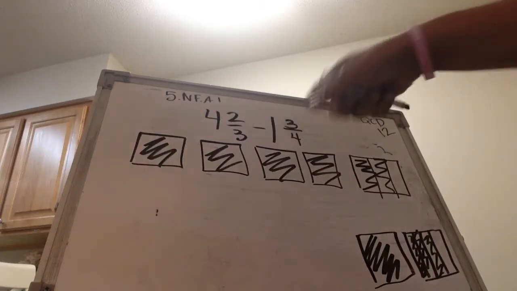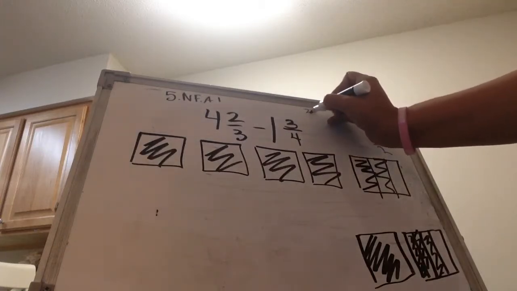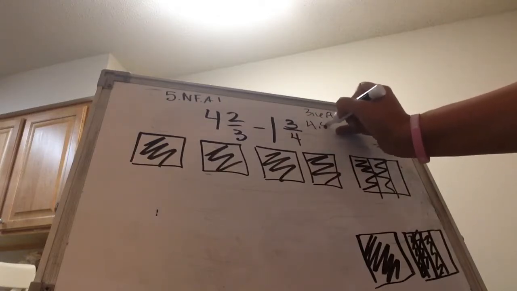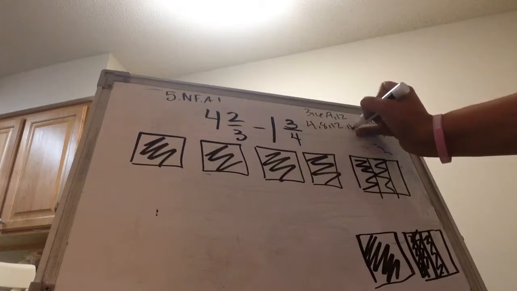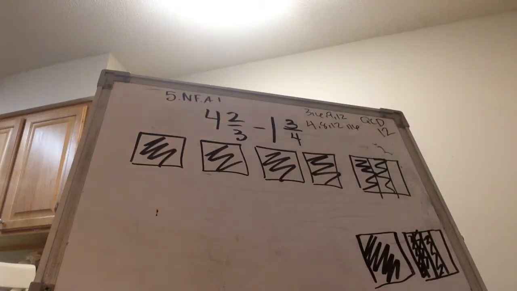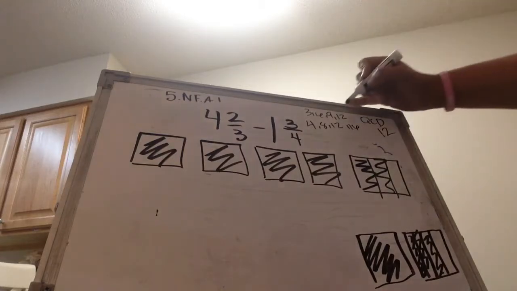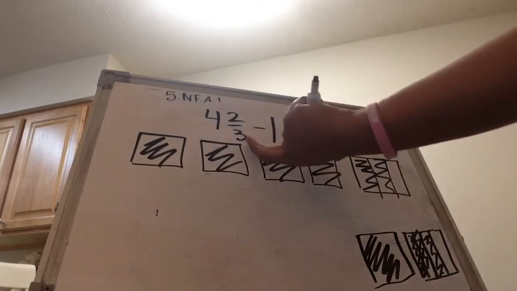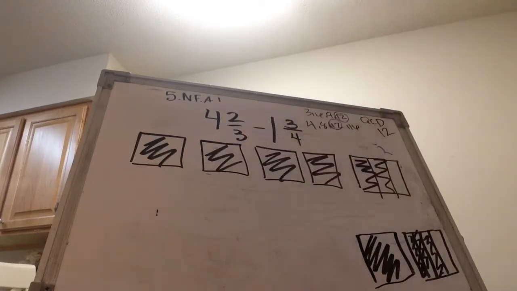That's where I take both denominators and I list some of their multiples, and I'm looking for the smallest number they both have in common. So the smallest number 3 and 4 have in common is 12. So the common denominator must be a number that both denominators are factors of. So my common denominator is 12.